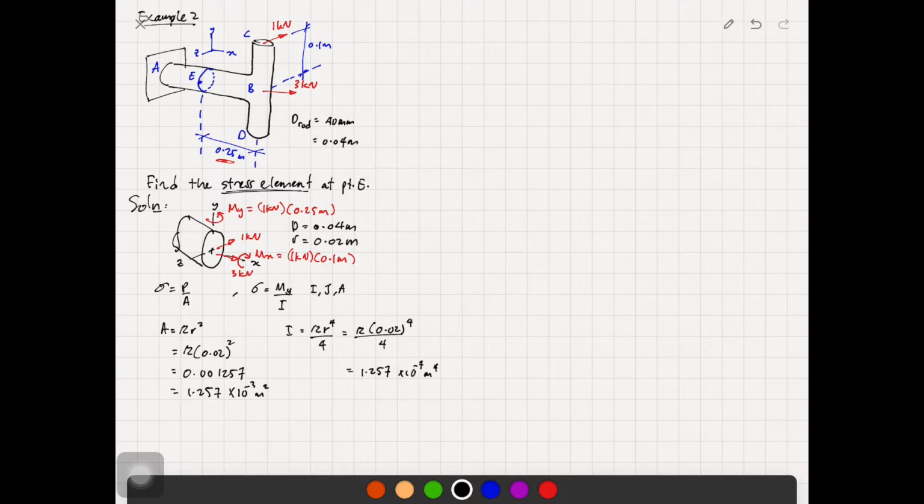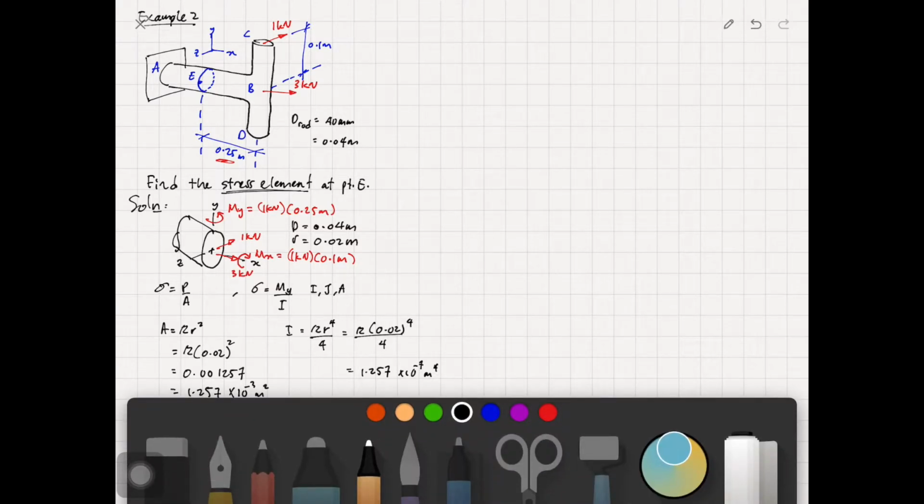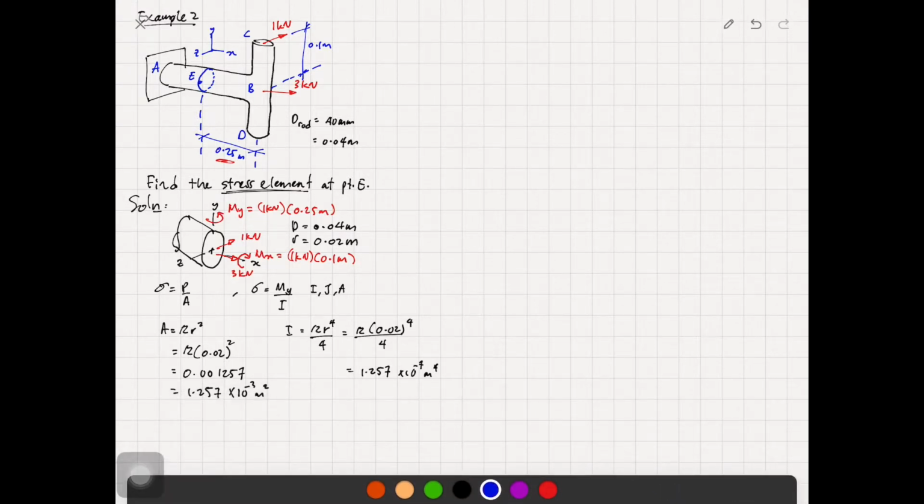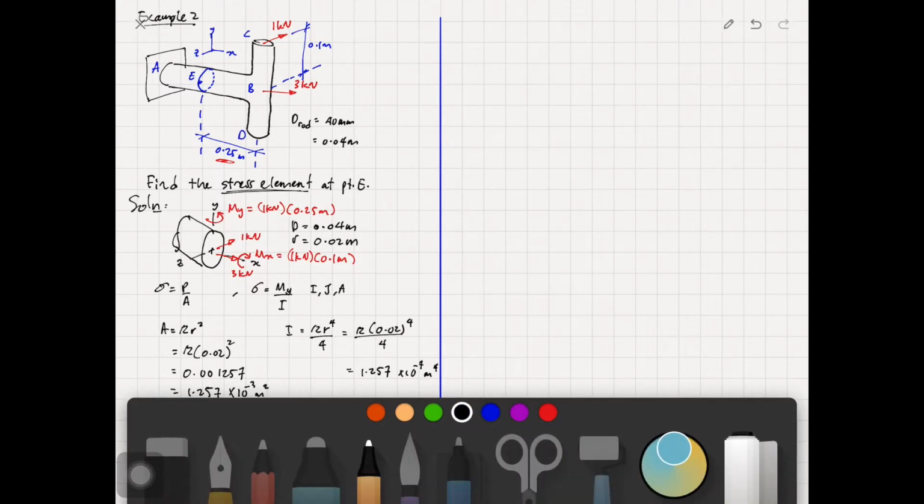I'm going to continue. We haven't solved that yet, but just for the sake of revision, I would like to show you. I think it is important to recap this part also, and I'm going to do it carefully.